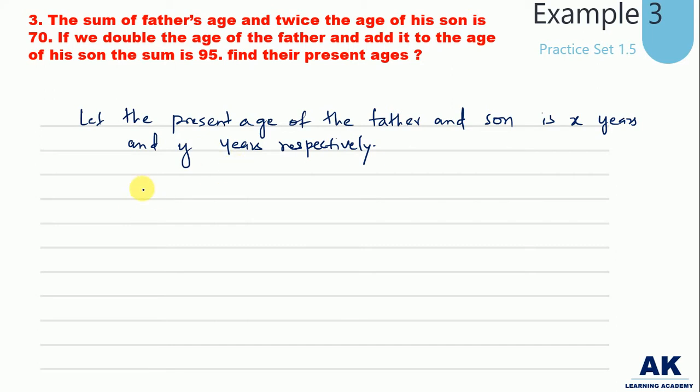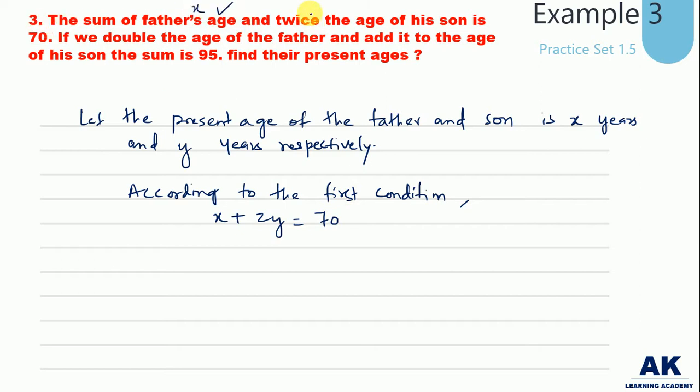According to the first condition, X plus 2Y is equal to what? It is 70, right? The sum of father's age, that is X, and twice, that is twice of Y, is 70, right?